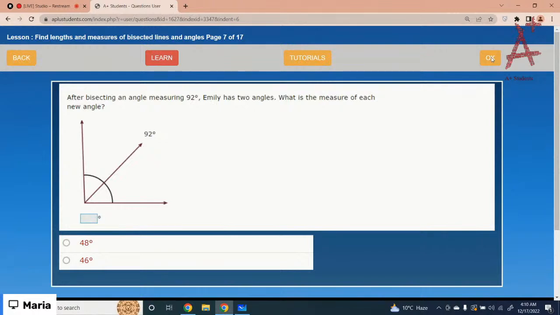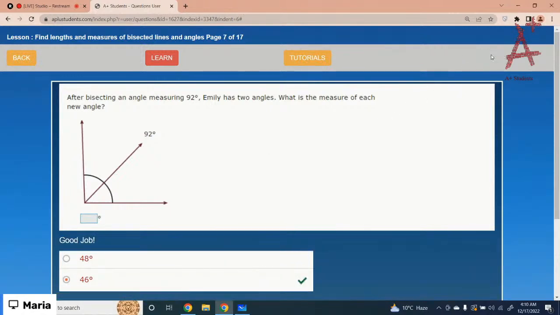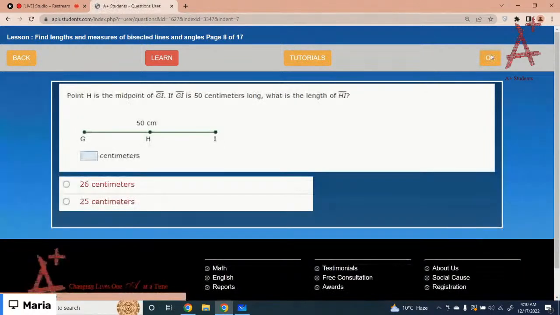Got it? So select the correct option and click on the OK button.